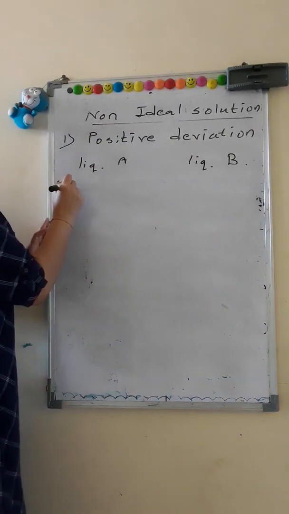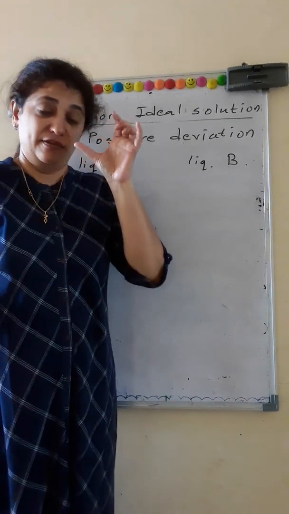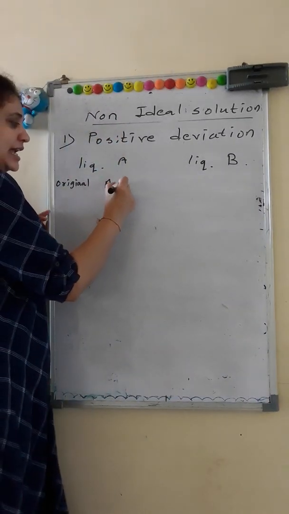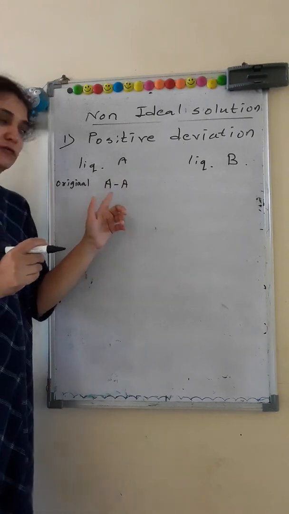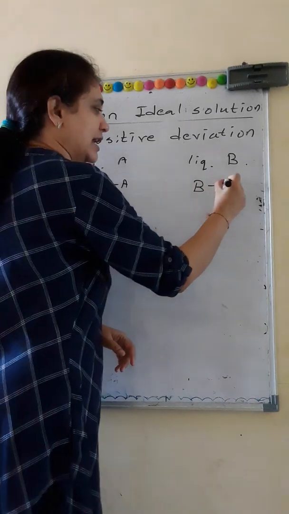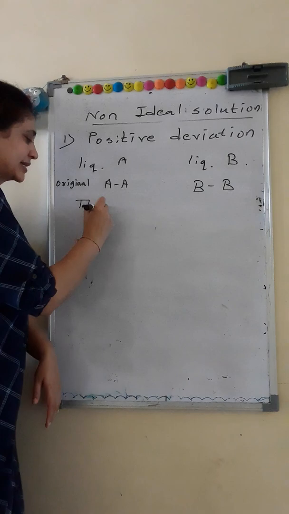Then before they are mixed, the force of attraction between molecules of liquid A is A dash A, van der Waals force, and the force of attraction between molecules of liquid B is B dash B. Now after that they are mixed.